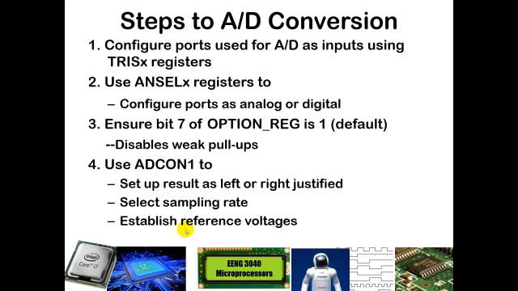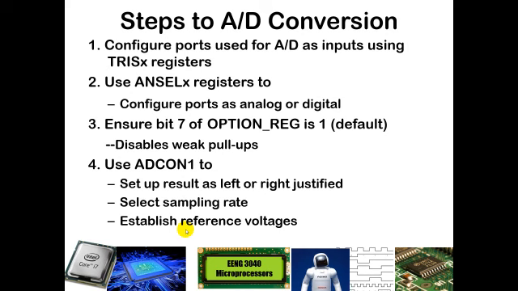So here are the basic steps to perform an analog to digital conversion using the PIC16F1719. First of all, configure your ports for analog in the ANSEL registers and configure them as inputs in the TRIS registers. You also want to make sure that the default in bit 7 of the OPTION register is set to a 1.